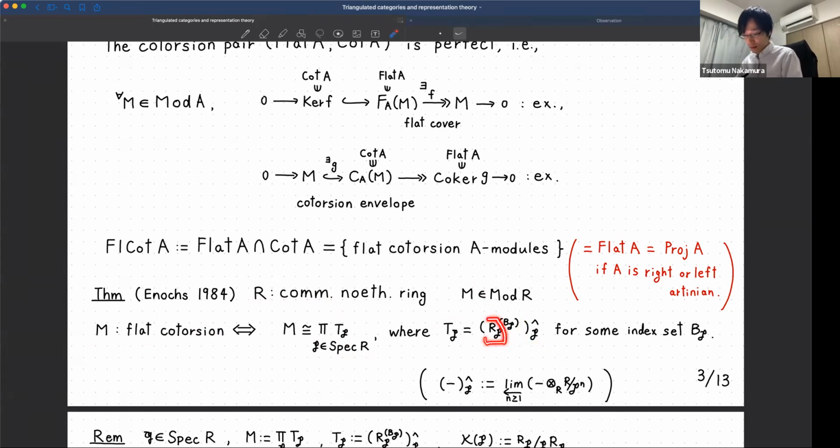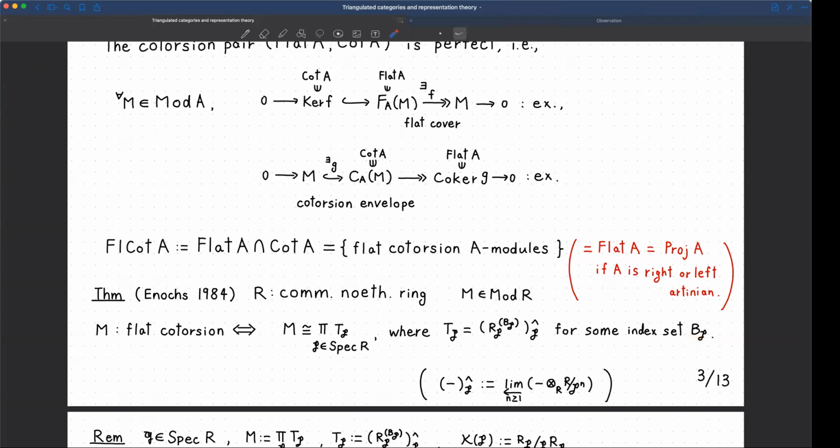This is the localization of R, and B_p stands for some index set or basis set. And this notation means the p-adic completion as usual.